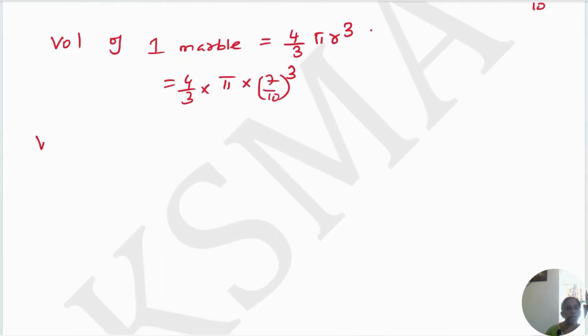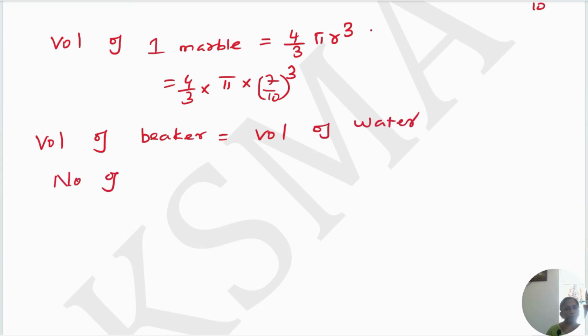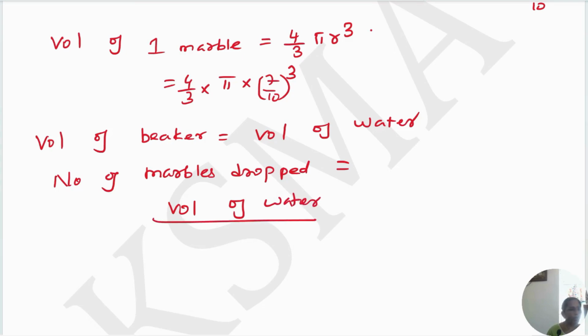So volume of the beaker is equal to volume of the water. You can consider like this. So now the number of marbles dropped is equal to volume of water divided by volume of one marble.